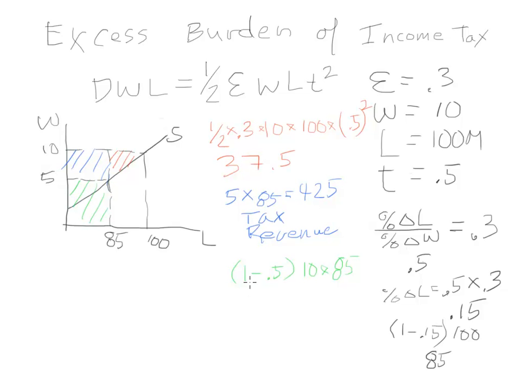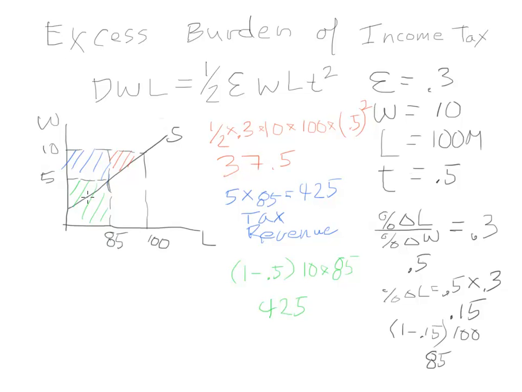So, in other words, 1 minus 0.5 is 50% of 10, which is $5, times the 85 million hours worked. And so that's pretty much the same number as up there, 425. So half of my money goes to the government, half of it goes to me. I'm assuming a fixed tax that doesn't change, a 50% marginal tax rate, which is kind of a high marginal tax rate, and so all my income is taxed at that amount. So the government gets their $425 million.